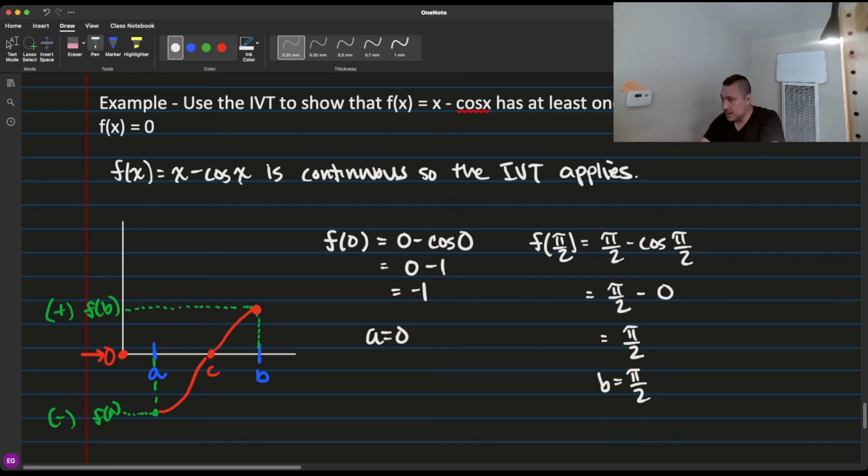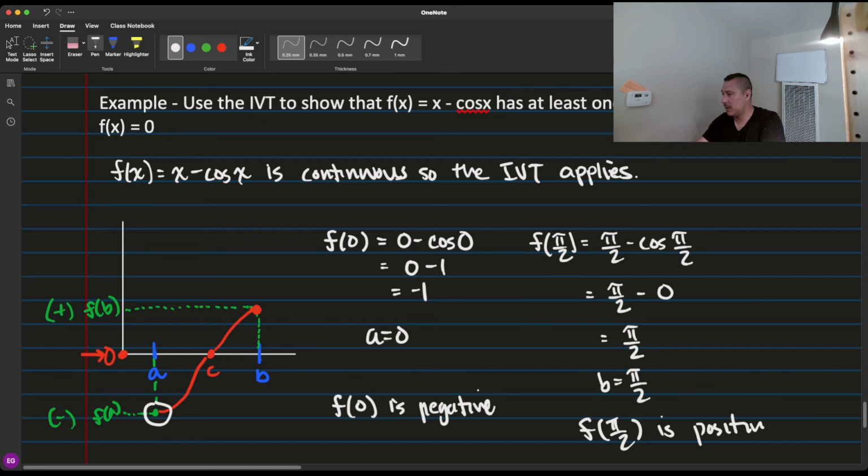So notice f of 0 is negative. That's this point right here. f of pi over 2 is positive. That's this point over here.